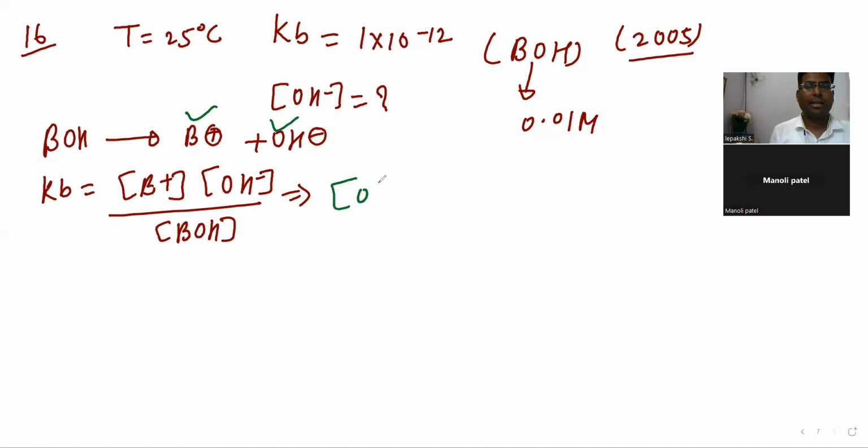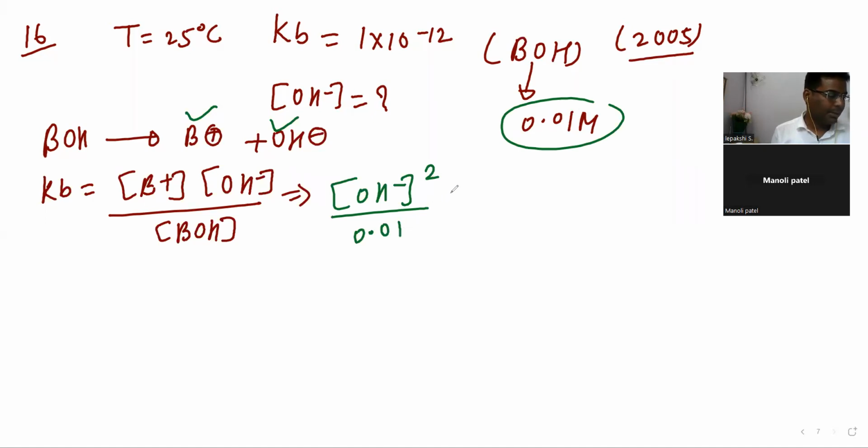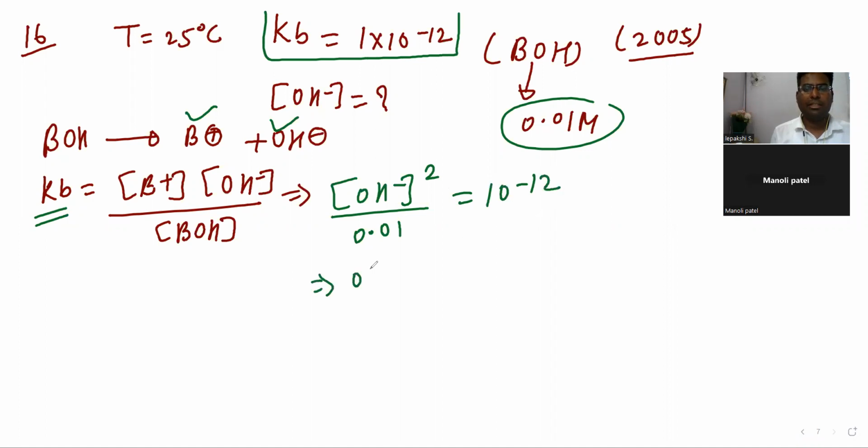So we can write OH minus concentration squared divided by the initial concentration, 0.01. And the equilibrium constant for the base is given, 1 into 10 raised to minus 12. So OH minus concentration squared is equal to 0.01 into 10 raised to minus 12.